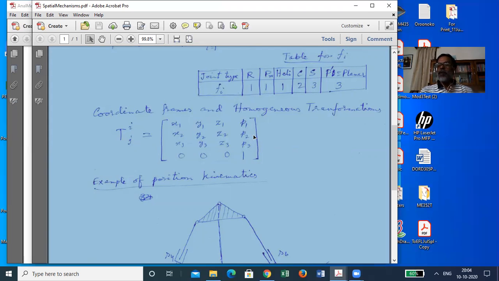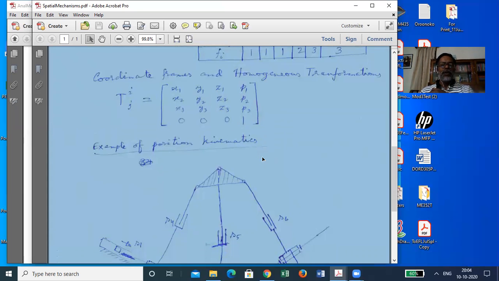So from one frame to another, like that, you describe the kinematic equations with this kind of transformations, and this will represent rigid body motions, and this will also represent at the same time positions and orientations of one body with respect to another. Okay. So beyond this, we do not go into this at present. If you need to analyze spatial mechanisms, sometimes you will come across them and you will make good use of them.